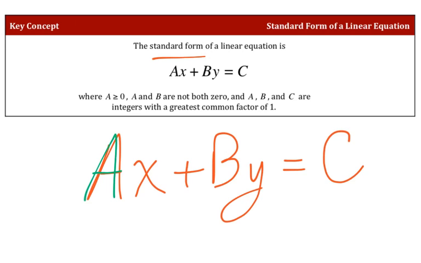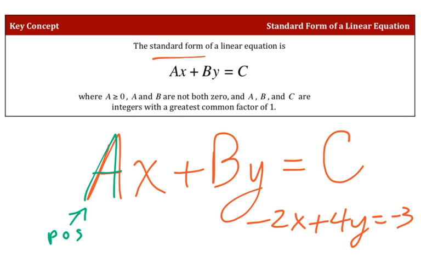So a has to be positive. If you ever wrote an equation where you had a negative out in front, you would just flip the signs on everything and fix that problem really easily. So when you have standard form, a has to be greater than or equal to 0.